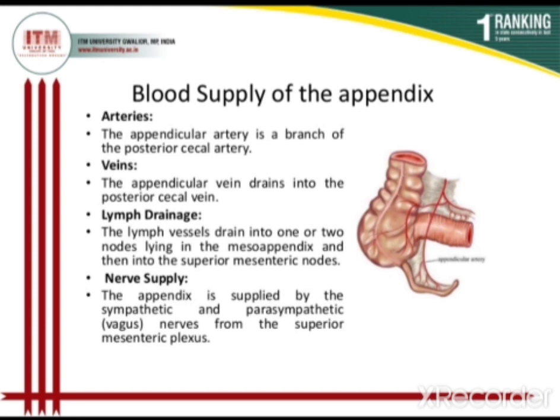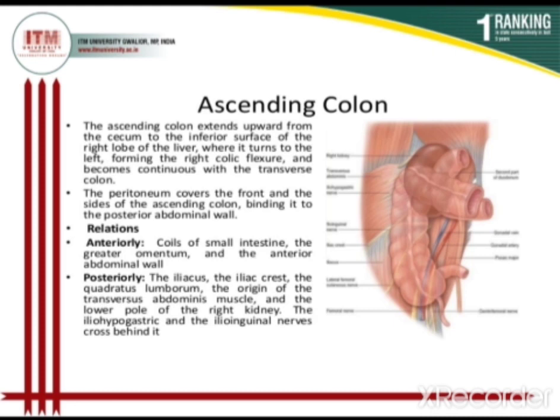Now the next is the ascending colon. The ascending colon extends upward from the cecum to the inferior surface of the right lobe of the liver, as you can see in the picture, where it turns to the left, forming the right colic flexure, and becomes continuous with the transverse colon.